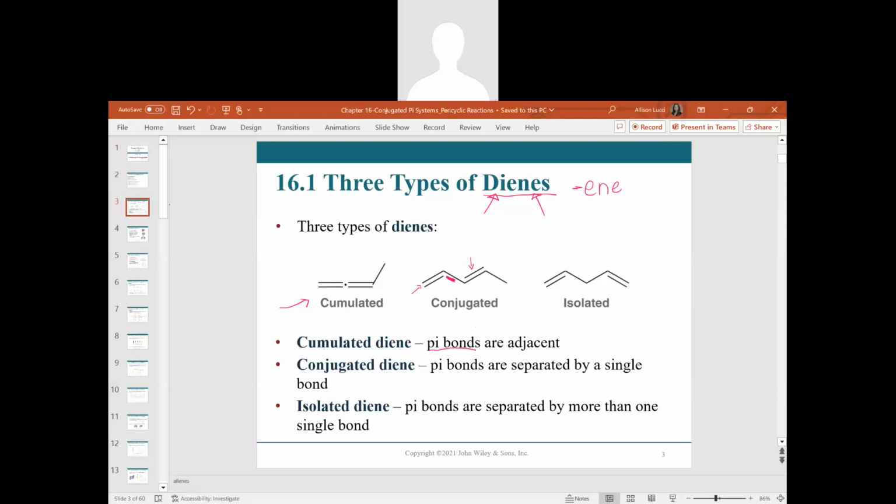And then we have our last grouping of dienes here, where they are separated by more than one single bond. These pi bonds are called isolated, and this would form an isolated diene. Another way of referring to cumulated, you might see these called allenes as well. So these are specific terminology for the cumulated diene.